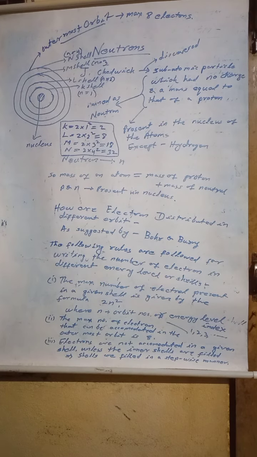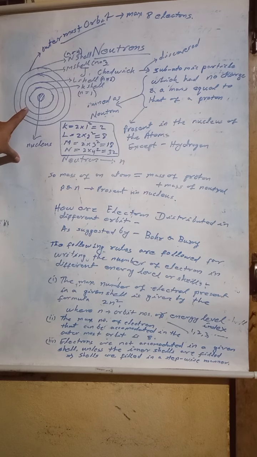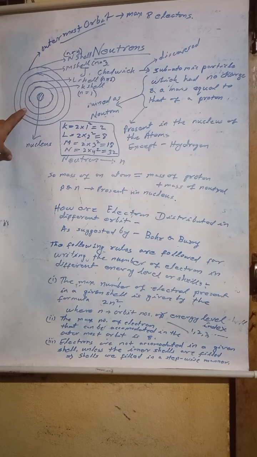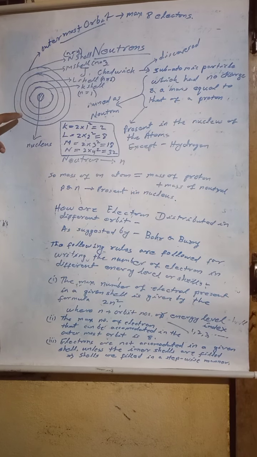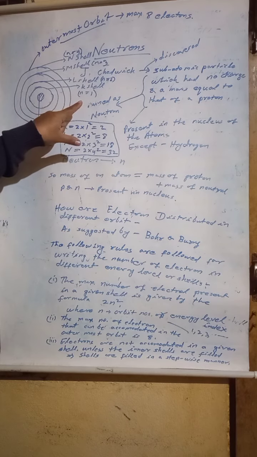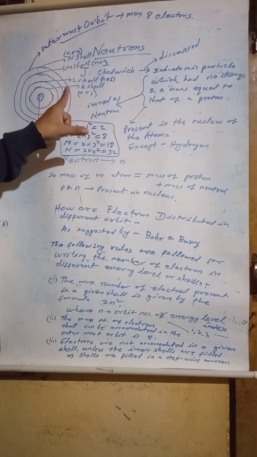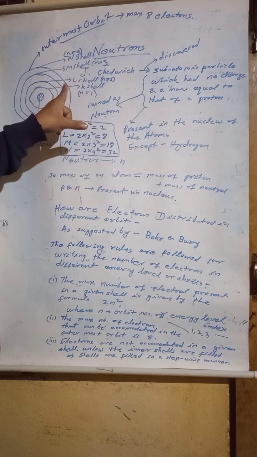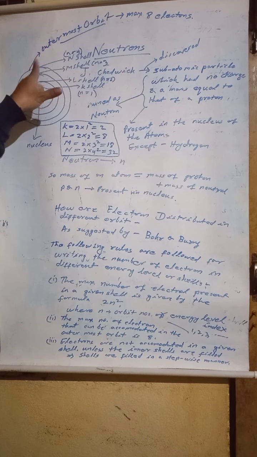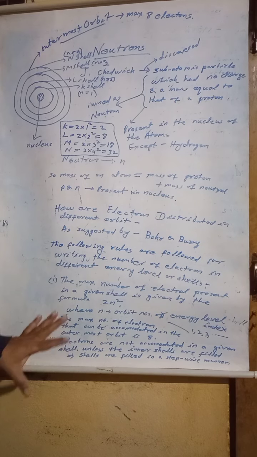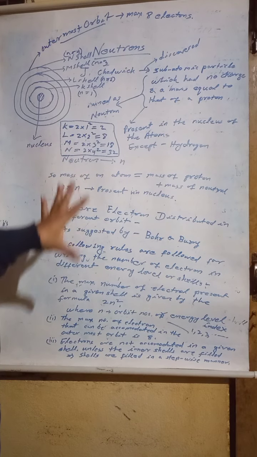Once K cell is filled, then it will go to the L cell. Once L cell is filled, it will go to the M cell. Once M cell is filled, it will go to the N cell. Got my point? Now you are clear about this?